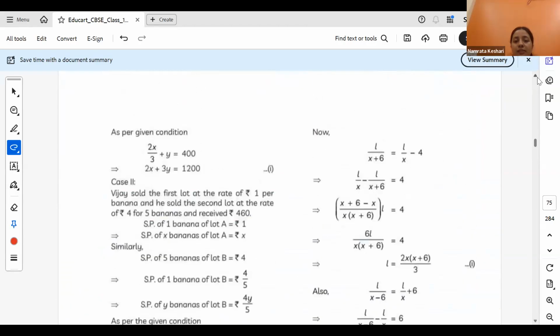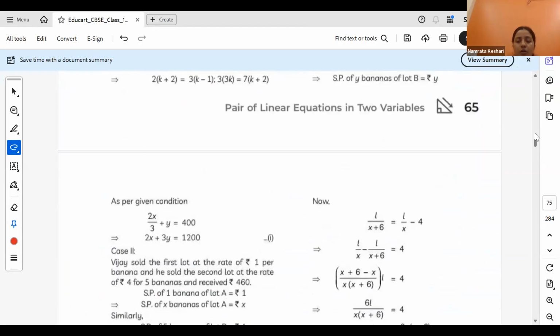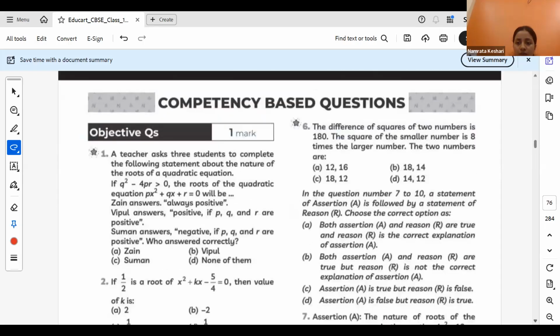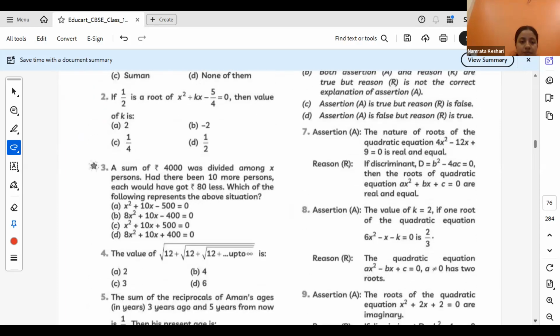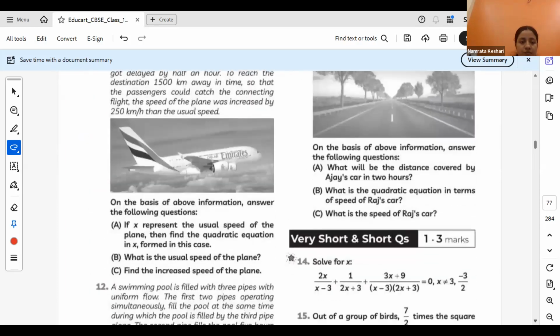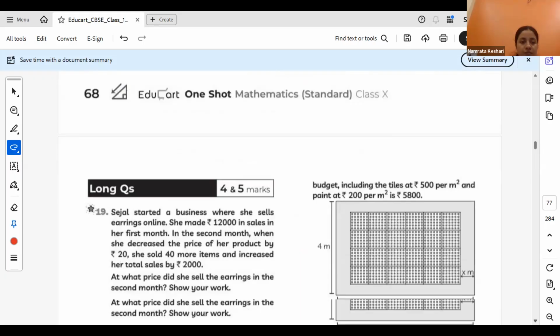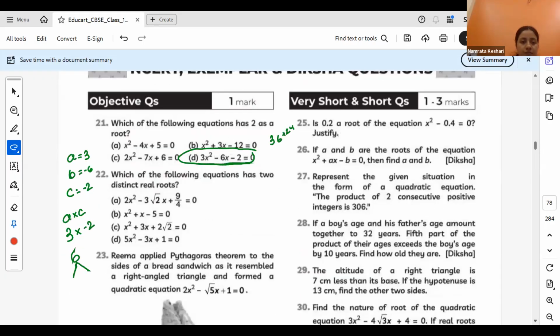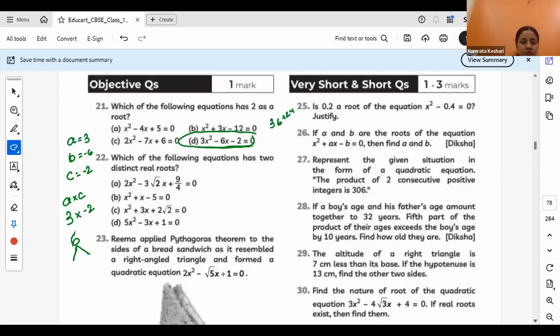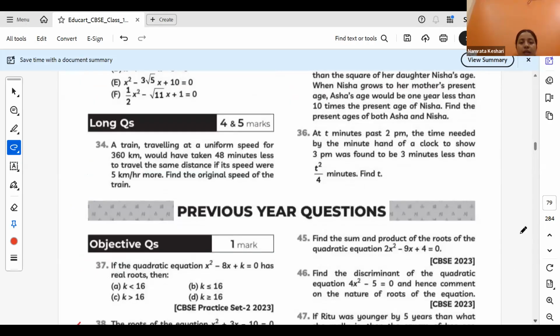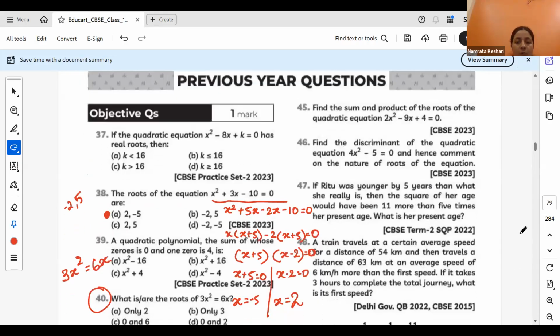We are getting x value as 0 and the other is 2. Option D. Question number 40, option D.